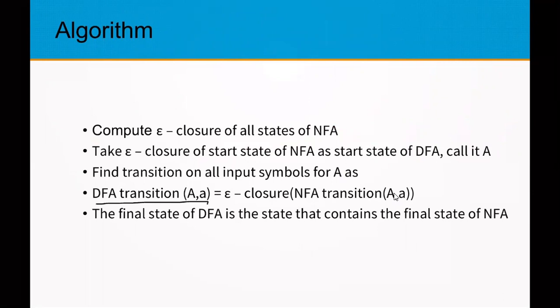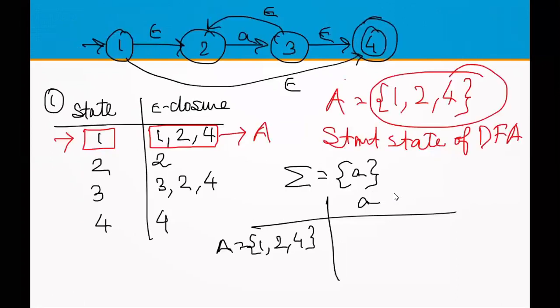It is the epsilon closure of the NFA transitions of the set A on the input symbol a. So how do we get this? First of all, we have to see, for the set A on input symbol a, what the transitions are. So for that, again, let us go back here.